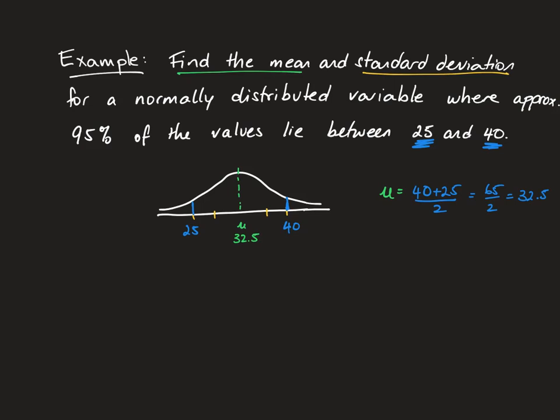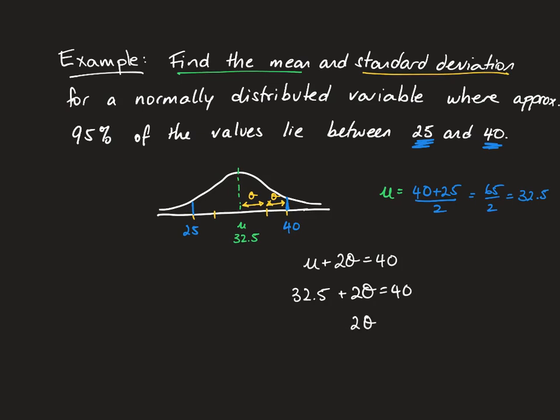Now I need to figure out what my standard deviation is, and I know that the mean plus 2 standard deviations will get me to 40. So if I write that down, the mean plus 2 standard deviations is equal to 40. The mean we just found was 32.5, plus 2 standard deviations is 40.